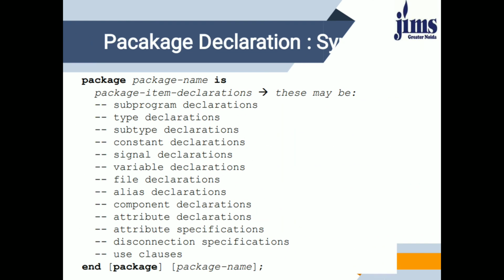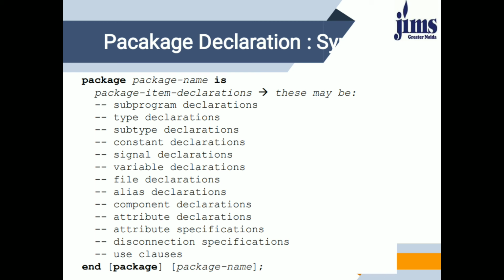Now to declare it, we need a syntax. How will it look? Package, then package name. It is a user defined name, so you can write any name here. Is. Then we will declare the package items.